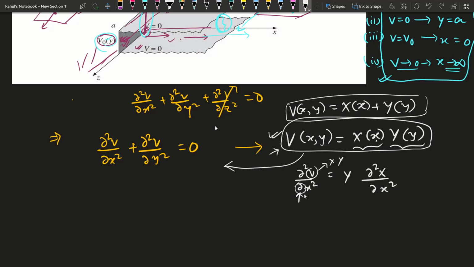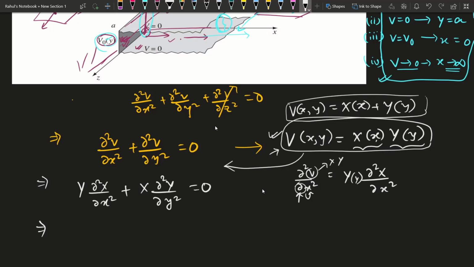It only varies with x, not y, so it will treat Y as a constant and be taken outside. So this will become Y del 2X over del x square plus X del 2Y over del y square.